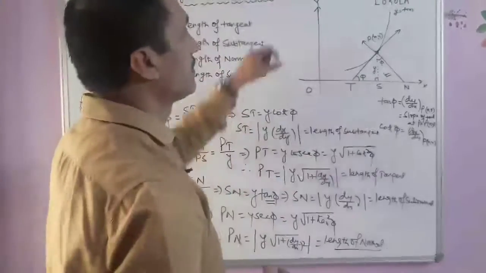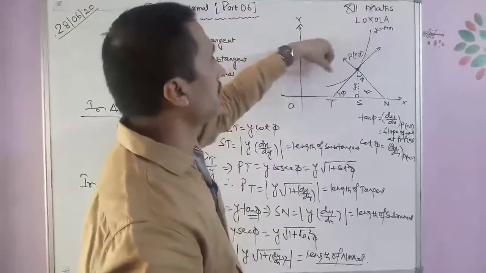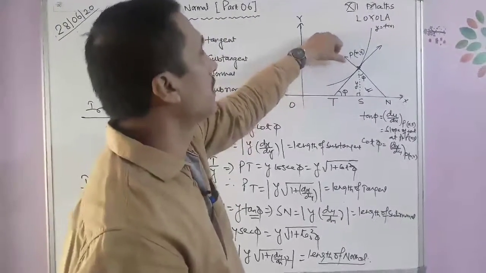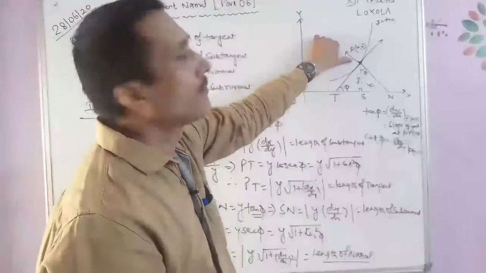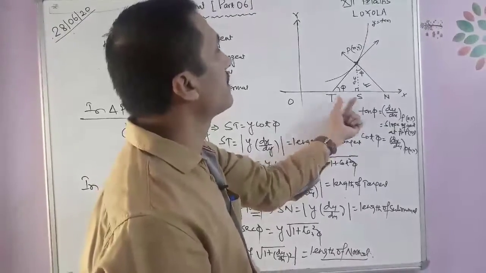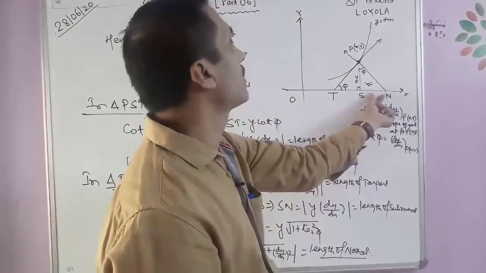We repeat the concept again. This is y equal to f(x), a curve, and P(x, y) is a point on the curve. We want to find the expression for length of tangent, length of subtangent, length of normal, length of subnormal.